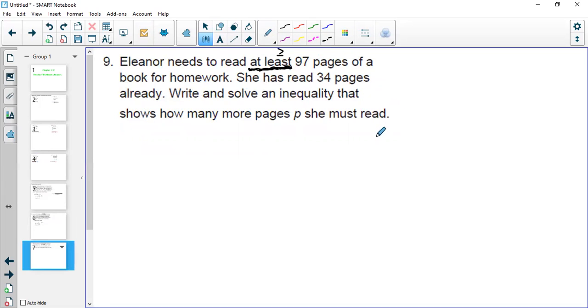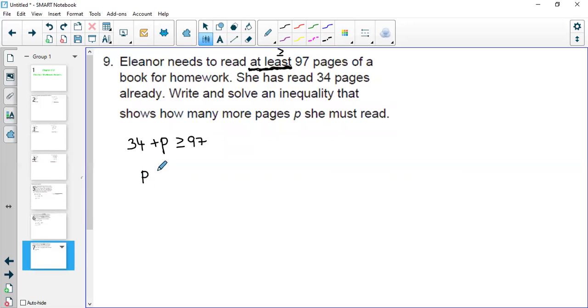So they said she has read already 34 and still she has to read more P, right, to complete 97. So at least means from that we found out that it's going to be greater than or equal to 97. Right, this is how your inequality should be. So she has already read 34 and she has to read some more, so plus some more should be greater or equal to 97.